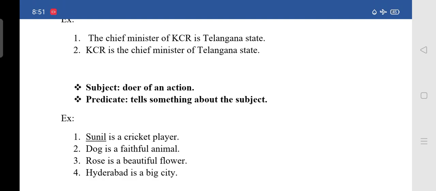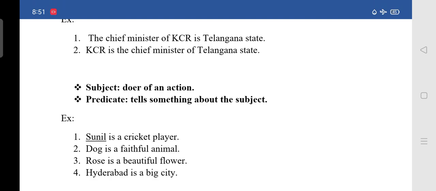If you see the second one also, dog is a faithful animal. Here the subject is dog and it is explaining about the dog. What is it explaining? Is a faithful animal. So dog is the subject and is a faithful animal is the predicate. Whereas the third one, rose is a beautiful flower.